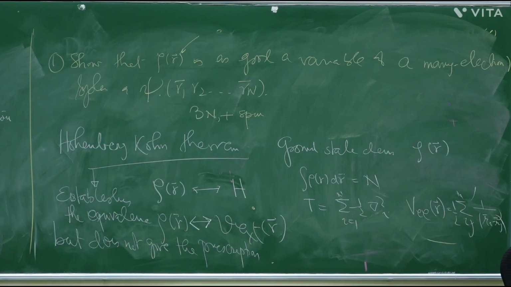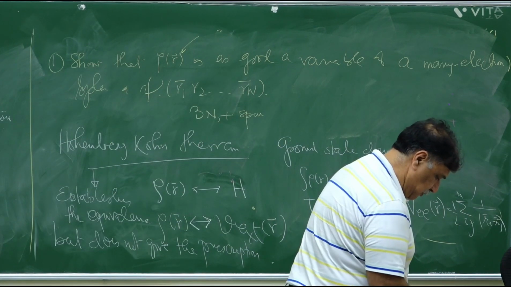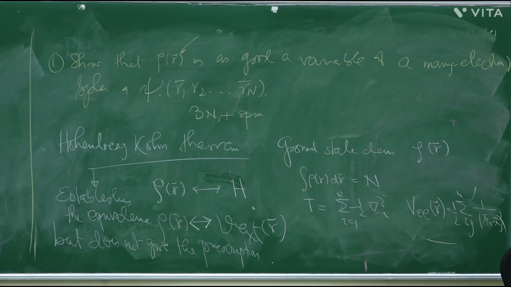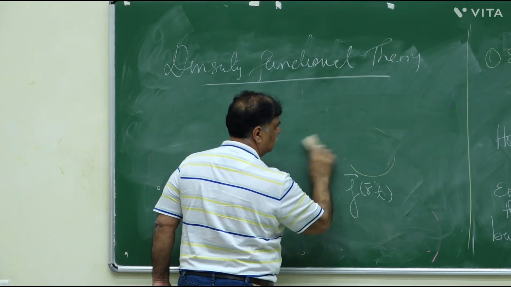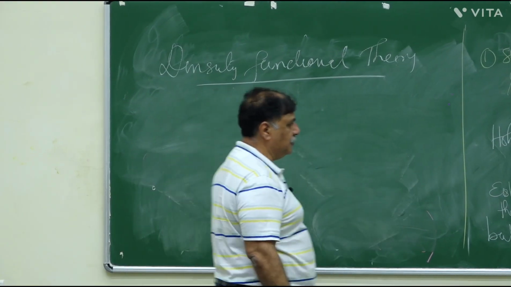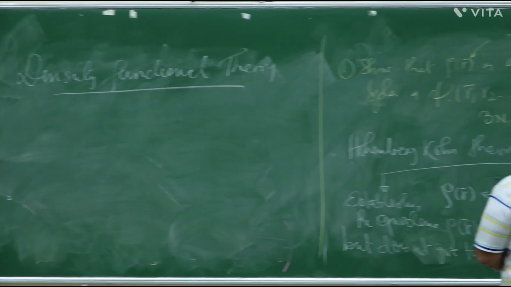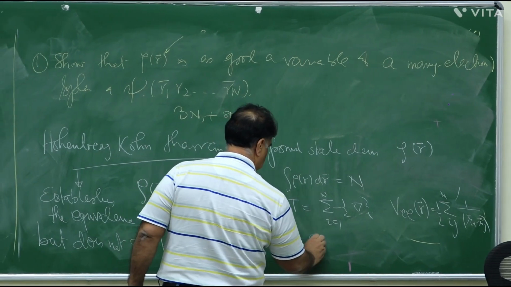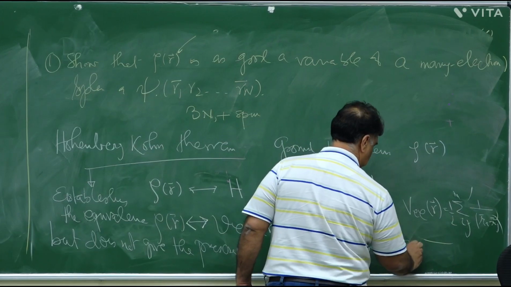We don't know. Alright? Now, to appreciate the beauty of this theorem, okay, let us see this. If I have a single particle, and I'm not talking about interacting particles. Oh, by the way, this is for a given interaction.